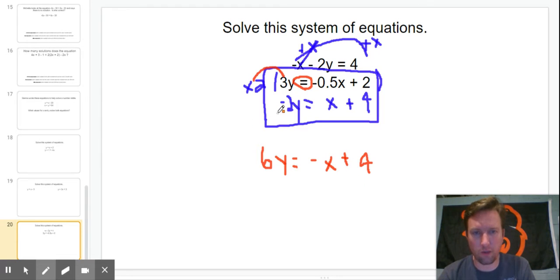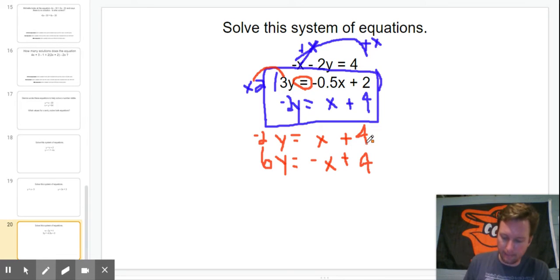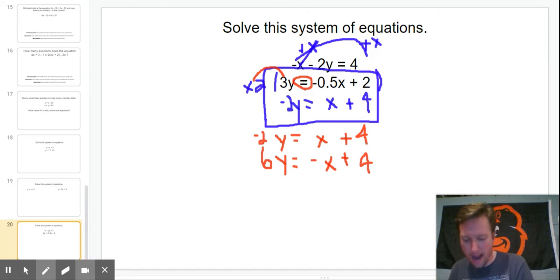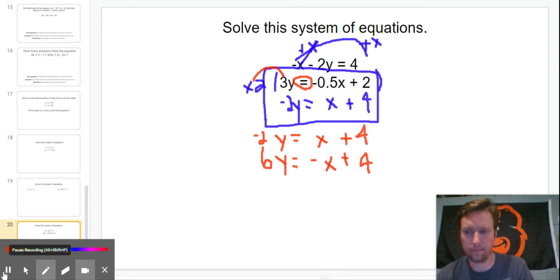And my original equation, which was part of the system, was negative 2y equals x plus 4. Now, what I can do here is I can look at these equations and say, I have an x and a negative x.